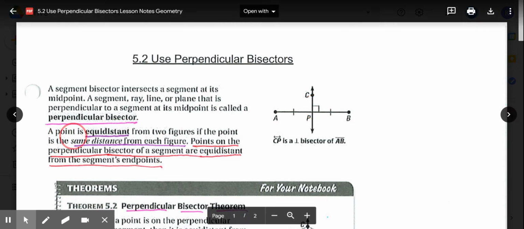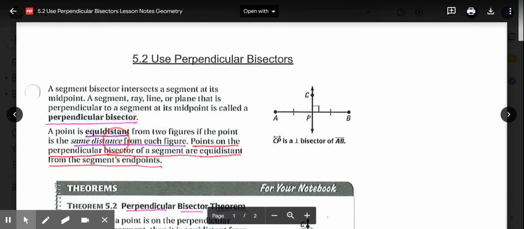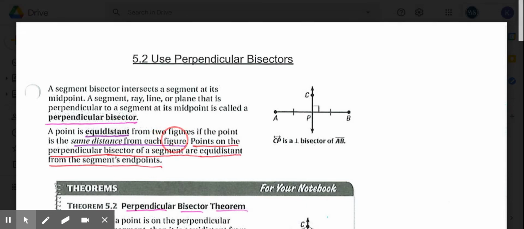A point is equidistant from two figures if the point is the same distance from each figure.